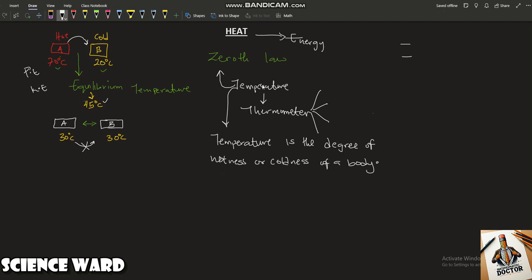As we all know, if I measure the temperature of this, it is hot. And if I measure the temperature of this, it's cold. So it is a degree of hotness or coldness of a body.